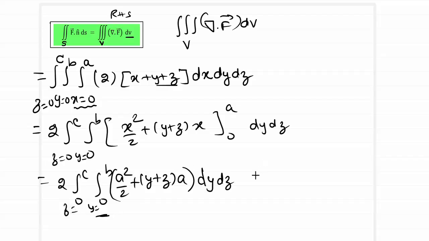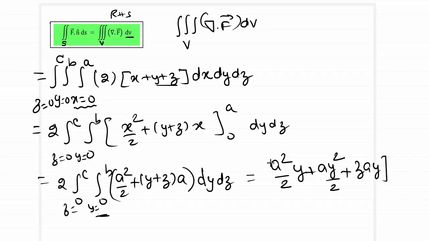Now let us move to the second variable, y. With respect to y, a square by 2 is a constant, so you will have a square by 2 times y. Y times a gives a into y, and on integration, y square by 2. z a is a constant, so z a y will be my quantity on integration. So apply the limit from 0 to b. Still we have 0 to c, dz left out.